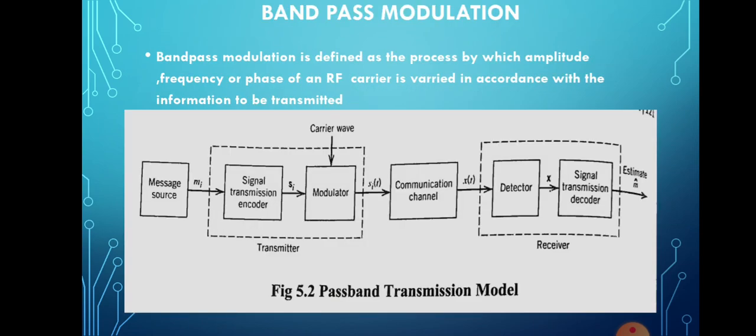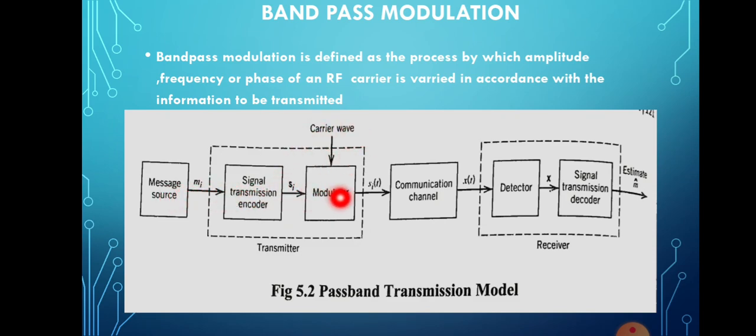Next comes the modulator. Different modulators are used like ASK, FSK, PSK, and a carrier wave is applied to this modulator. The modulator changes the behavior of the carrier signal in accordance with the incoming message vector, here the vector si. We can say the carrier wave nature is changed according to the message signal mi.